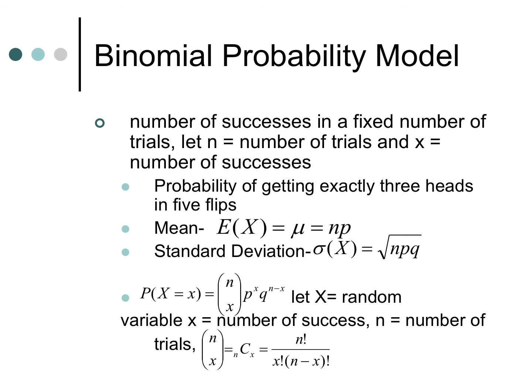That's our binomial probability. N times P, the number of trials times the probability of success. The standard deviation is the square root of N times P times Q. Okay? Good news, these formulas are on your formula sheet for the AP exam. Your geometric and binomial means and standard deviations and formulas are on your formula sheet.